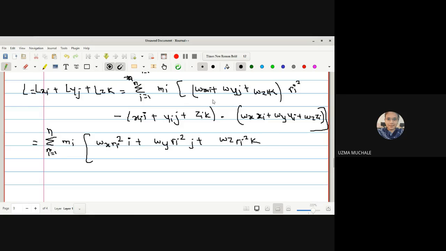Okay, we have written simply the multiplication of these two terms. This is wx, wy, wz multiplied with ri square, which I have written here.